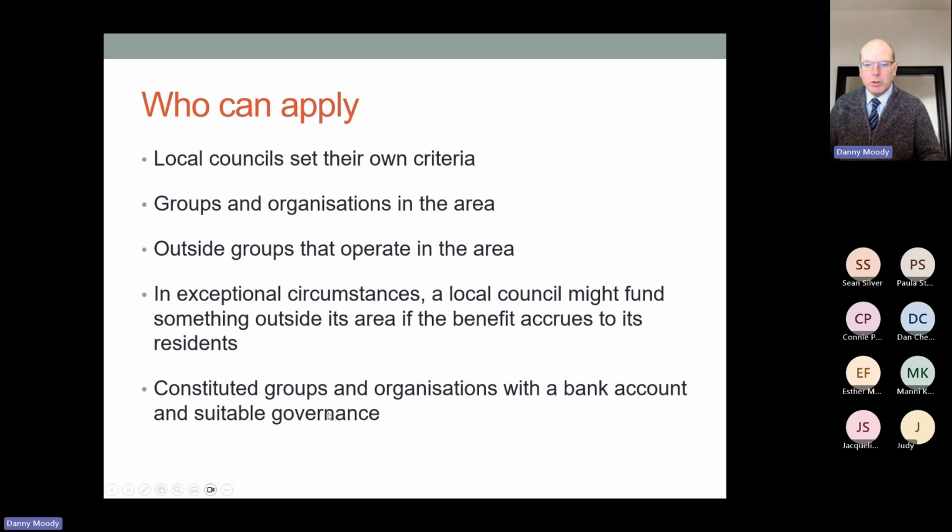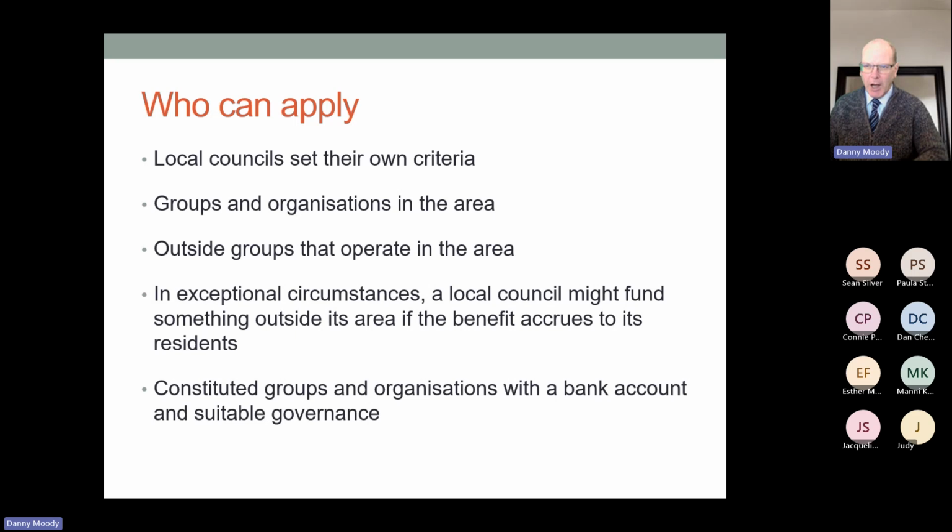So constituted groups and organisations with a bank account and suitable governance are what a parish council is ideally looking to fund, because you have to remember that a parish council is raising money from tax, so it's what we call the public purse. It's public money, so they have to use it very carefully and wisely. And there's all sorts of financial rules and regulations that govern how they can spend their money.